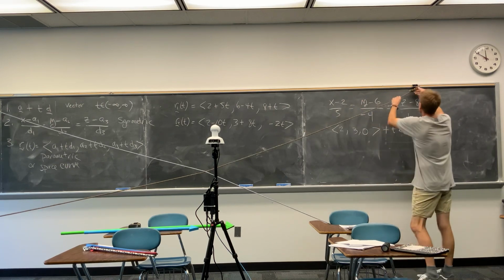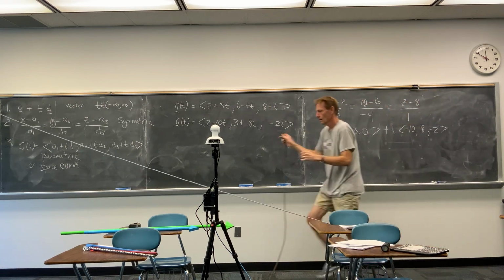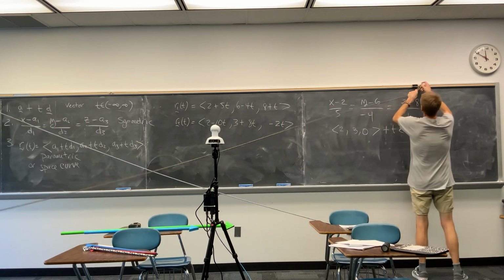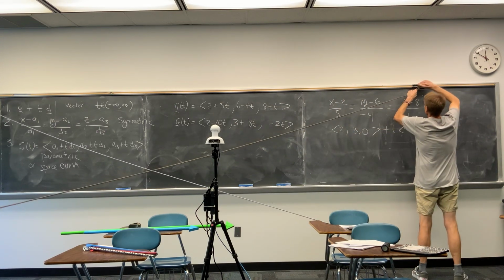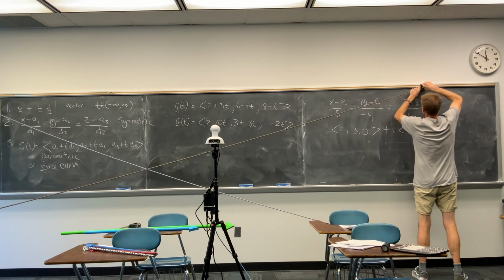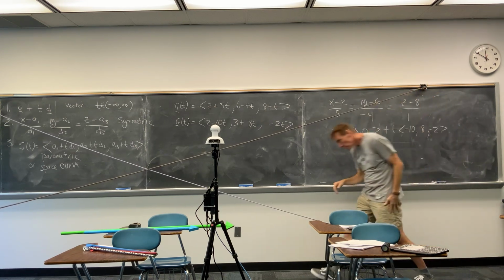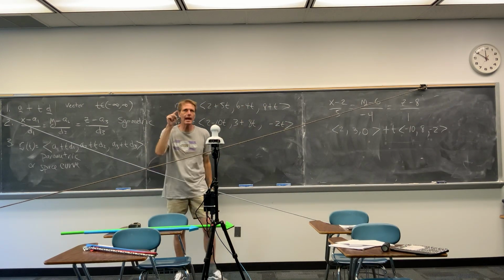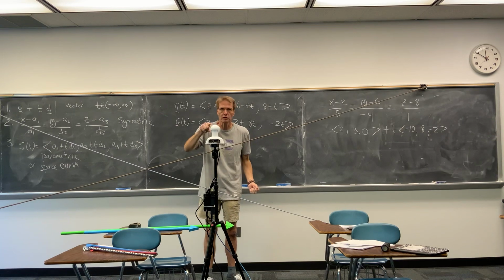I want this one to go over. Now it's a little hard for you to see because you're not in the space with us. In the same way, it's a little hard to see on those plotting routines.